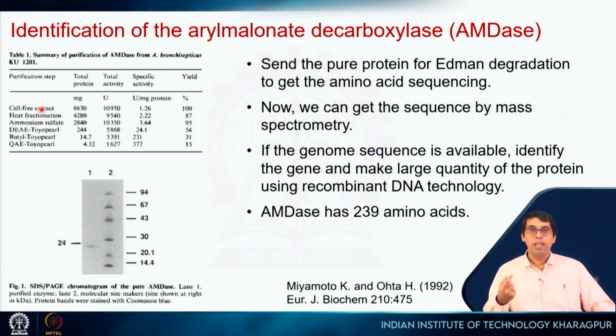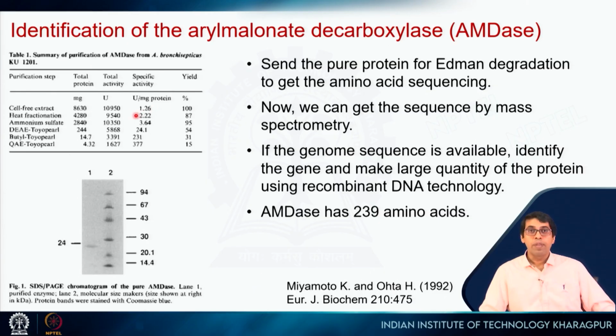So, you spin it at high speed. All the debris will precipitate and you will have this clear solution. They took that solution, that is called the cell-free extract, and they measured the total amount of protein, which was around 8,600 milligram, and they checked its activity. They found that it is active, right, but it will be almost 5,000 different proteins.